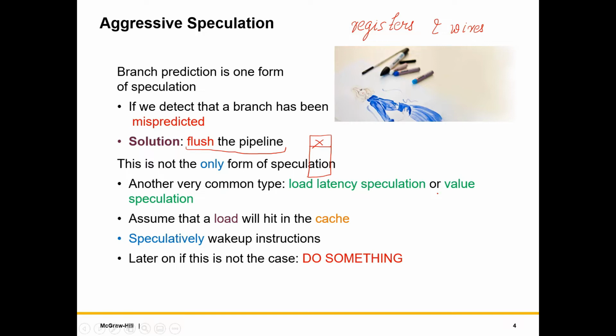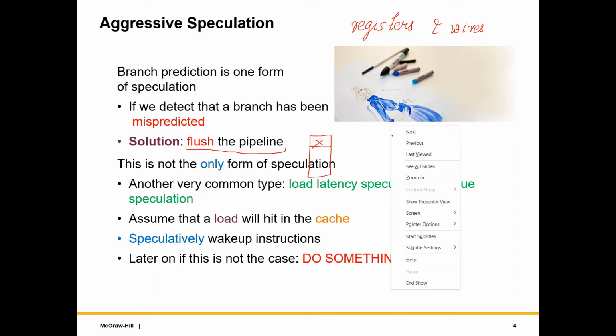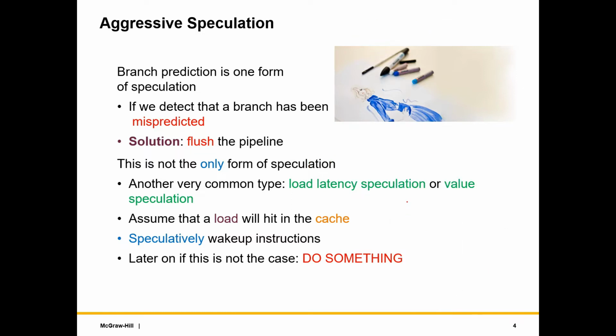These other kinds of speculation are low latency speculation and value speculation, which we will discuss in this lecture. The idea here is simple. With low latency speculation, we have different levels of memory: an L1 cache, L2 cache, main memory and so on. So we have a memory hierarchy.